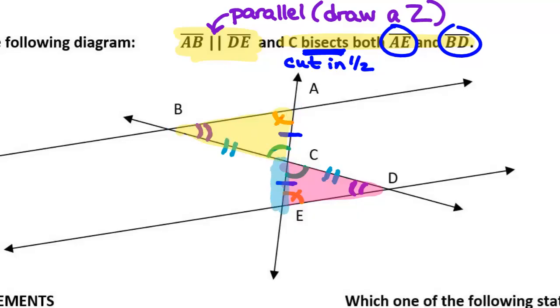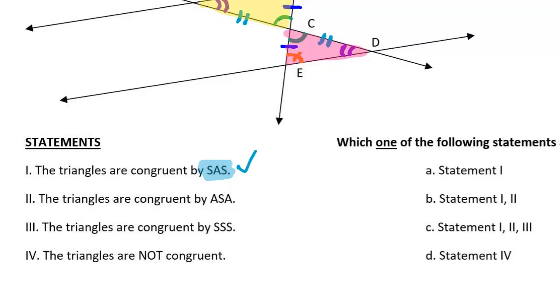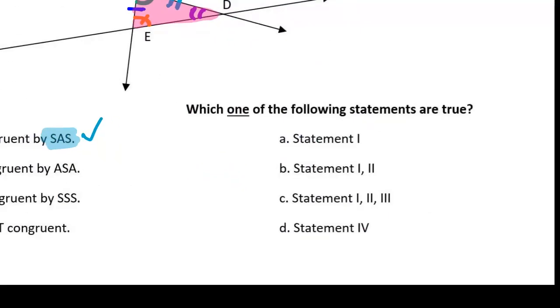So I can use side, angle, side to say these two triangles are congruent. If statement number 1 is correct, then which one of these can I get rid of? D. That one doesn't say statement 1, and we know statement 1 is correct.